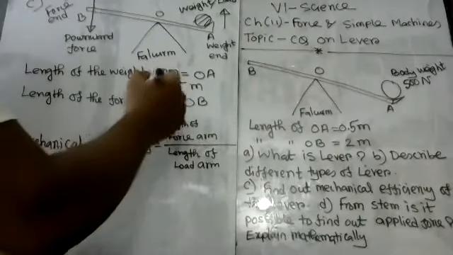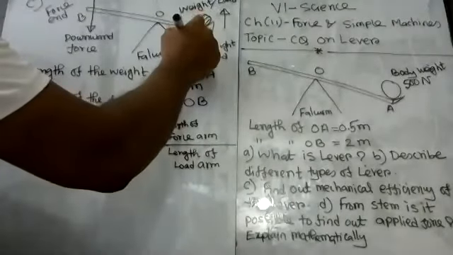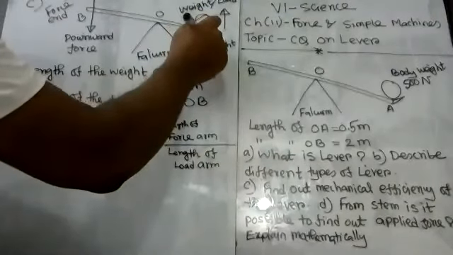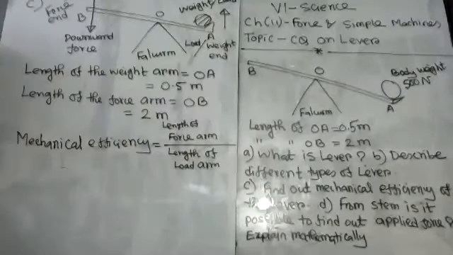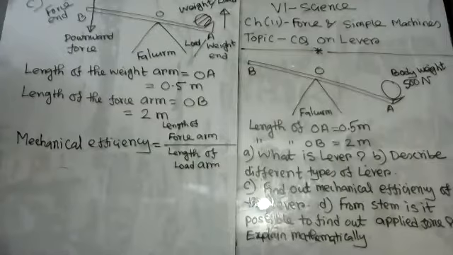The weight end is also known as the load end. Load or weight end, this is also known as the load end. So mechanical efficiency is the ratio of the length of the force arm divided by the length of the load arm.